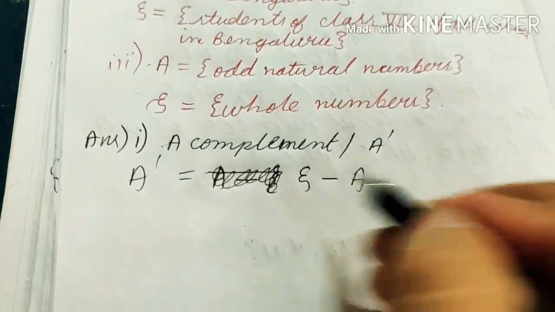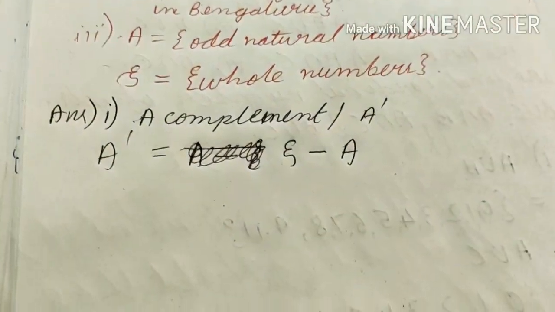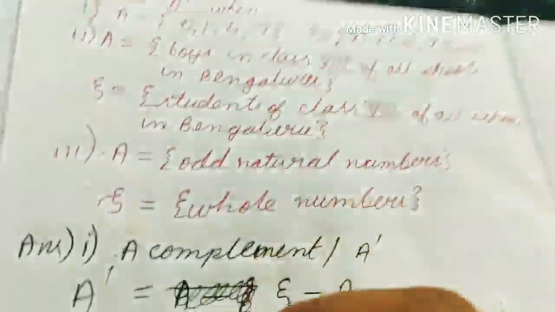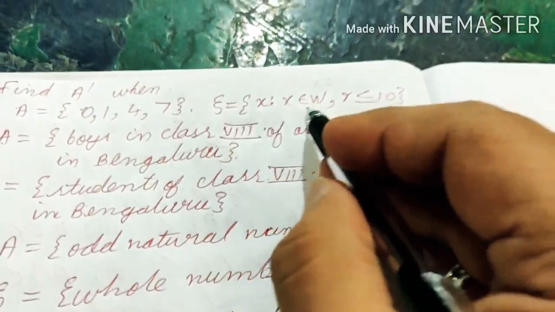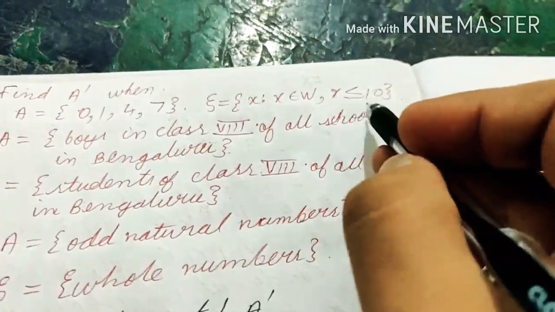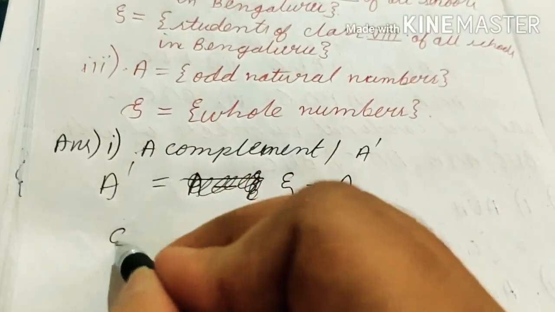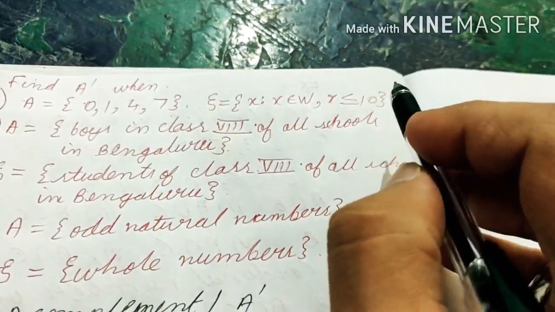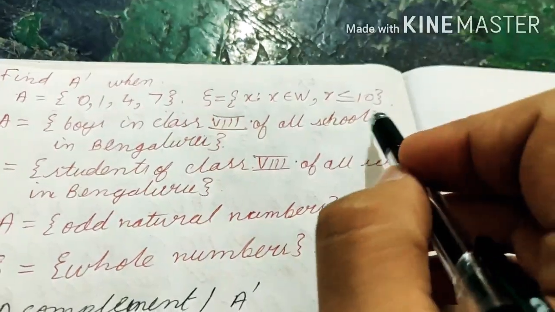So our universal set in this question is x such that x is a whole number and it is less than or equal to 10. That universal set is a set of whole numbers that are also less than or equal to 10.